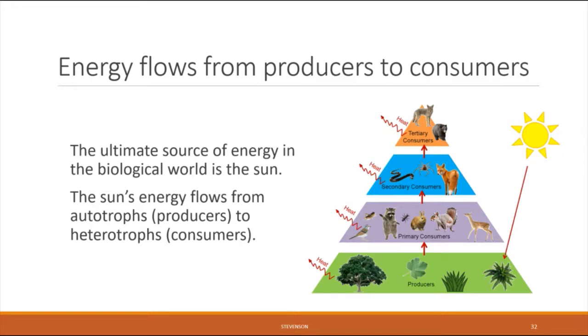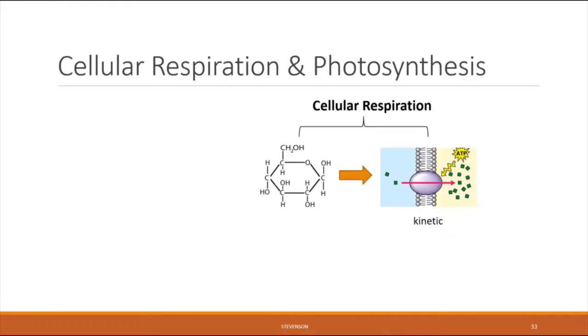All of this is to say that even if you're not a plant, the sun is extremely important to your livelihood because it is through organisms like plants, the autotrophs, the producers, that energy is able to be captured and turned into a form that can be consumed by the heterotrophs.